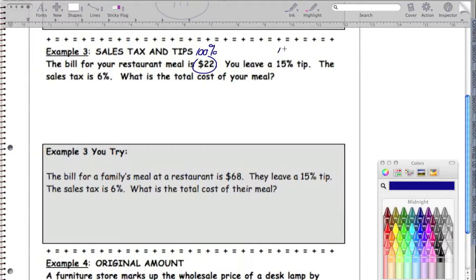We're adding a 15% tip, and then we're adding on top of that 6%. So our bill is going to be 100 plus 15 plus 6, which is 121% of its original amount. So 22 times 1.21 is going to tell me that my total bill is $26.62.